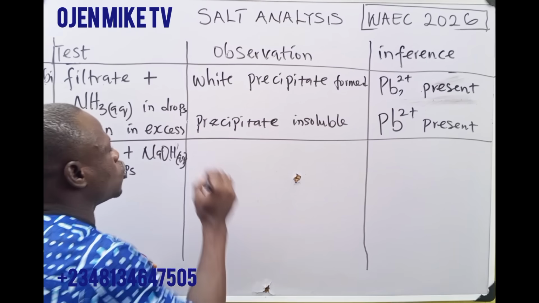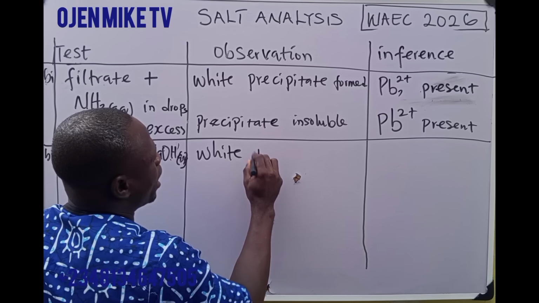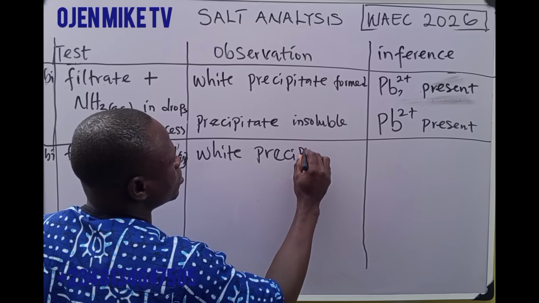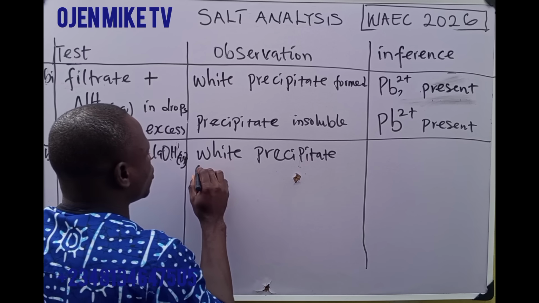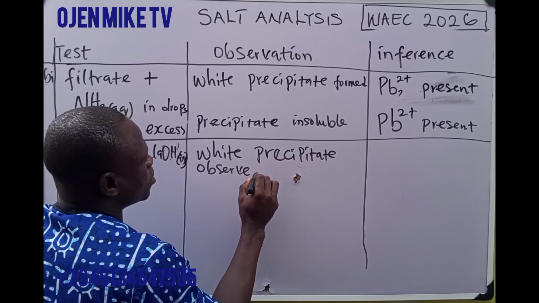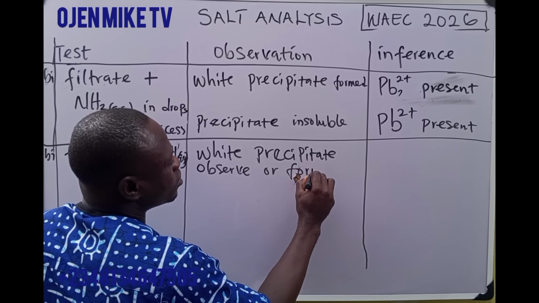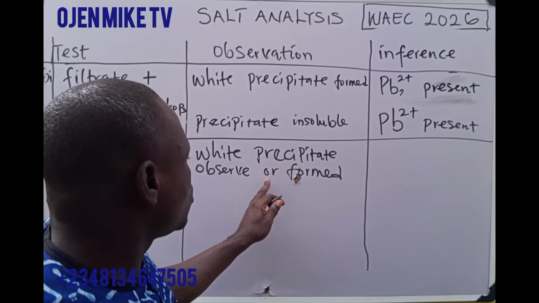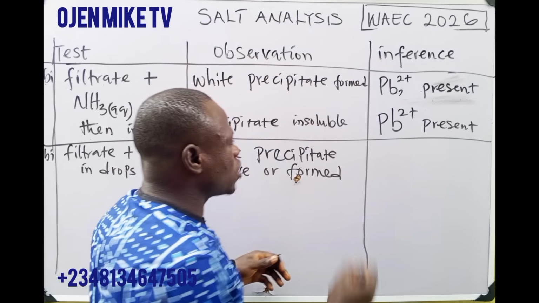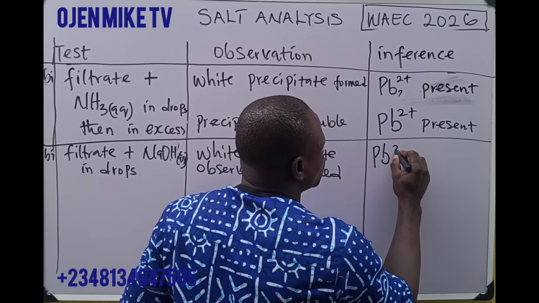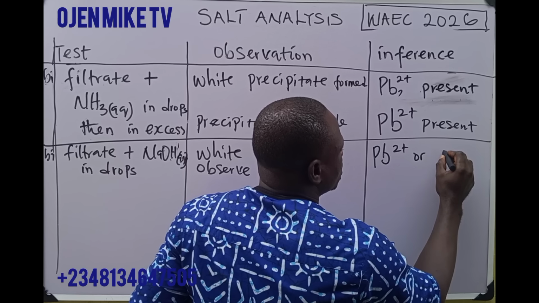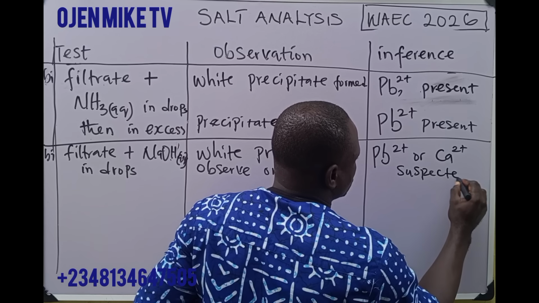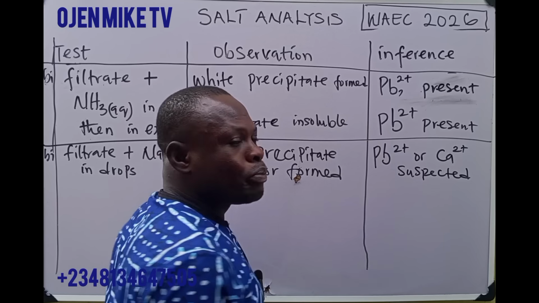When you have it in drops, what you are going to see is white precipitate observe or form. I told you that you can use form or observe. Don't write the two, okay? Write one. So what you are going to suspect is lead 2 ion or calcium ion suspected. You can say suspected or present.